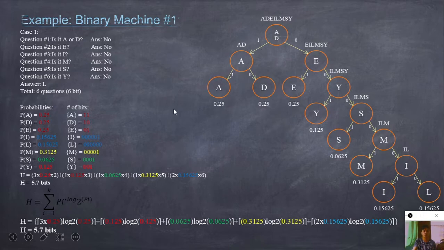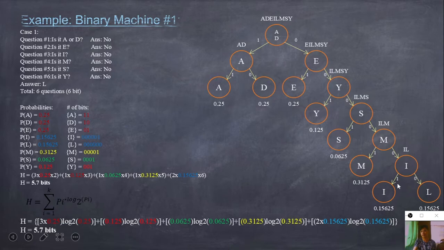For the number of bits, we look for the line where it goes. For A, it goes to 1 and 1. So A is 1, the number of bits. For D, it goes 1 to 0. And E is 0 to 1. For I, we look for 0, 0, 0, 0, 0, and 1.